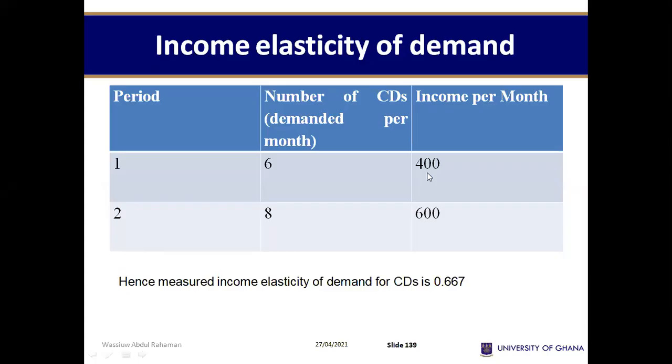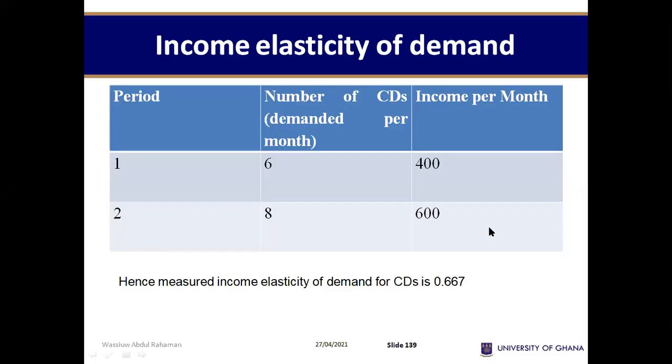Right? So quickly, let's take the example you have on your screen. You are told that in period 1, the quantity demanded for CD is 6, and then 8 in period 2. In period 1, income is 400, and then 600 in period 2.